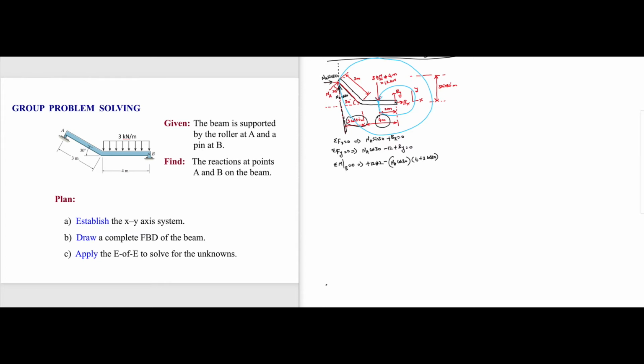Then the only thing we are left with is NA sin 30. NA sin 30 is the force times distance. What is the distance of the line of action of NA sin 30 from B?